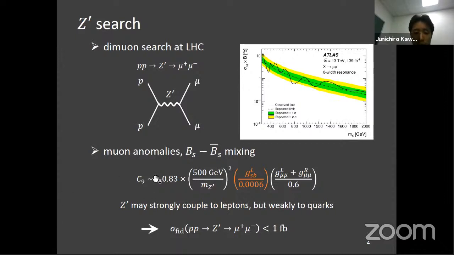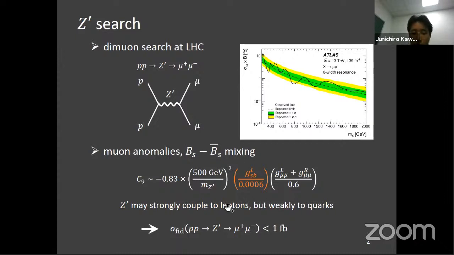Here again is the formula for C9. Now let me remind you that the typical value of the coupling to the strange quark and bottom quark is of this size, if we assume that the Z' coupling to the muon is around 0.6, which is naturally expected from the explanation of the muon g-2. The small sb coupling is favored to explain the discrepancies in B_s-B_s bar mixing.